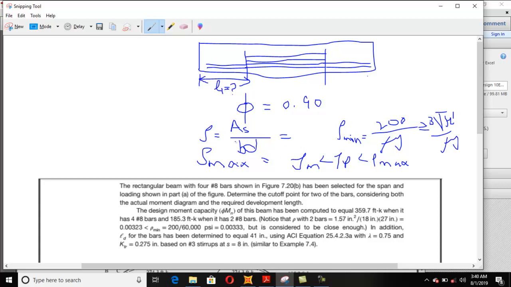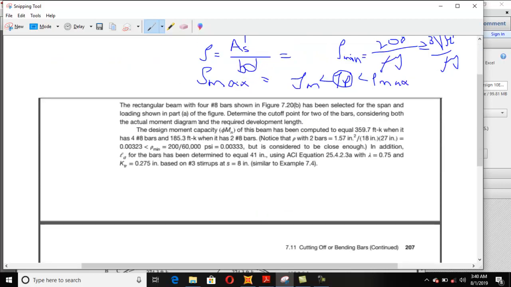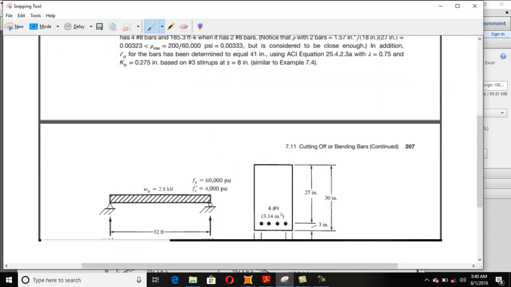You need to use this check also for 2 bars, and you need to check that when you are using 2 bars, whether the Ast is more than rho minimum or not. 4 number 8 bars give you an Ast of, I think, 3.14 square inches. That is given here.